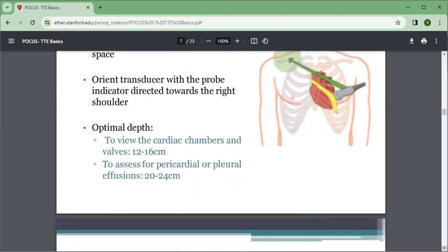The other one is if you want to visualize the pericardium or pericardial effusion, you keep the same position, at the 4th, 5th intercostal space pointing towards the right shoulder. Then you adjust the depth knob to 20 to 24 centimeters. This way you will be able to visualize the pericardium and the pericardial effusion very well.